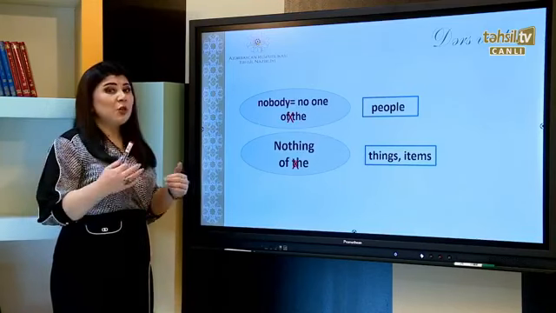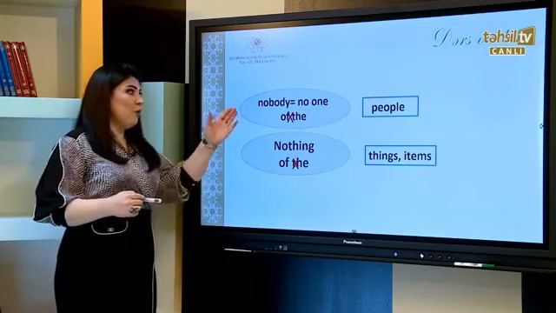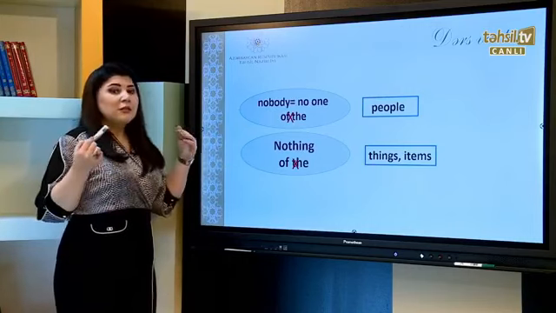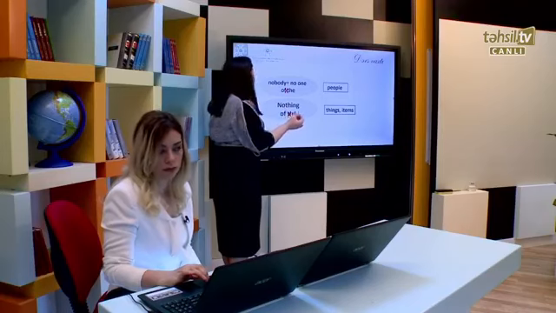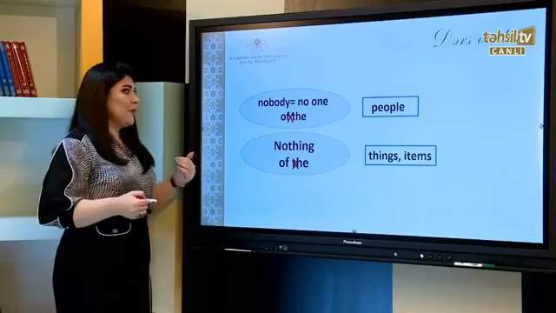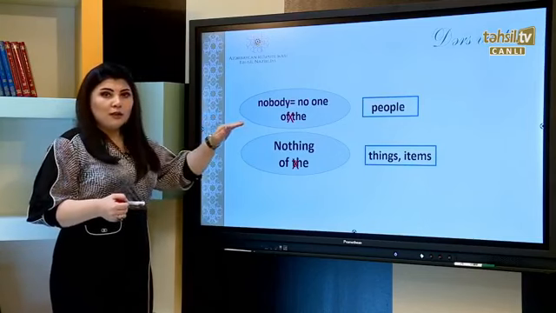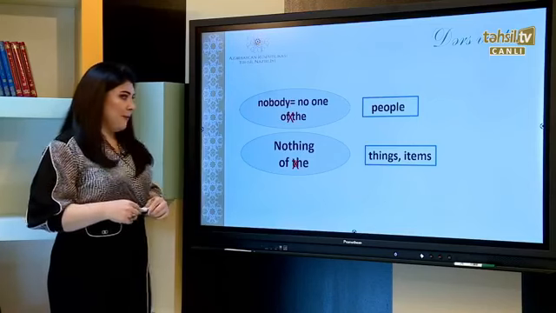If you have such questions in your test, for example, in variant A you have nobody and in variant D you have no one, effortlessly think that these are the same, okay? Same pronouns with the same meaning. And remember one thing, that nobody, no one, and all derivative pronouns are never used with of, them.